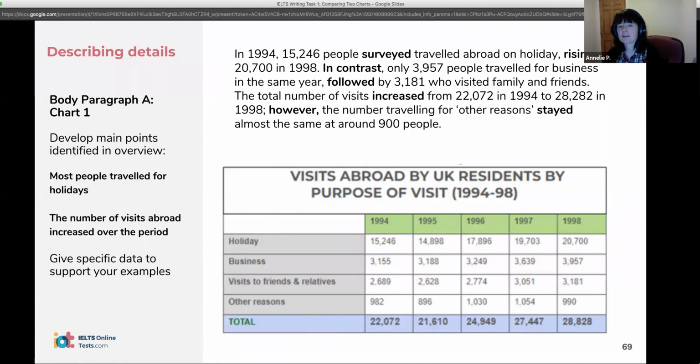We've got around 900 people. Okay, so we've covered all of the different categories, but we haven't talked about all of the figures. So try and pick out the figures that are most important: beginning, end, highest figures, lowest figures. Those are the ones that they want you to put in. Okay.